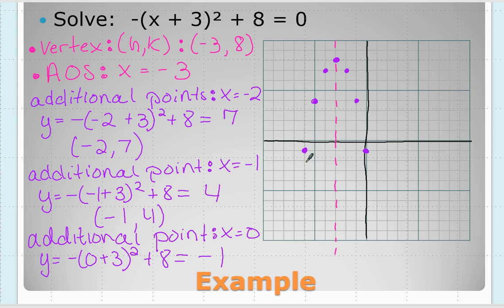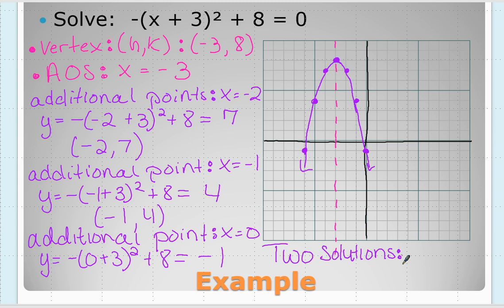So I have now crossed my x-axis. I have two solutions, or two roots. When we are graphing to find the roots, you may not have an exact point.